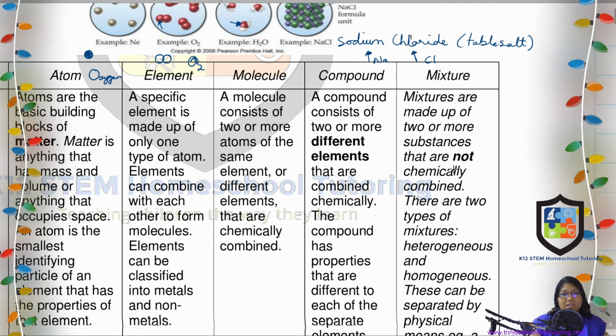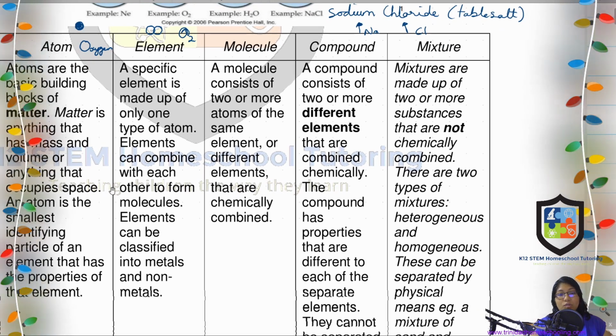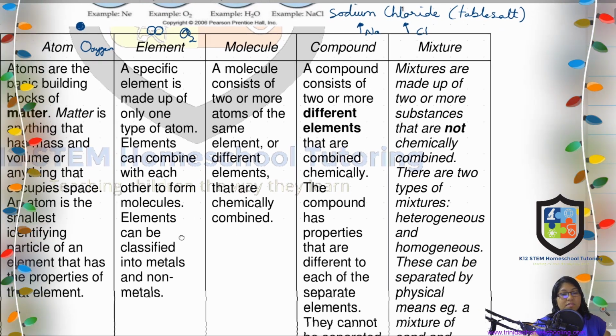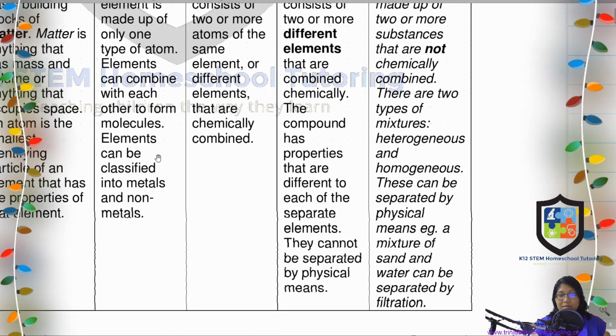Right? Now, mixtures are made up of two or more substances that are not chemically combined. There are two types of mixtures, and we call them heterogeneous and homogeneous. These can be separated by physical means, and physical means being we could separate them by some sort of filtration method, right?